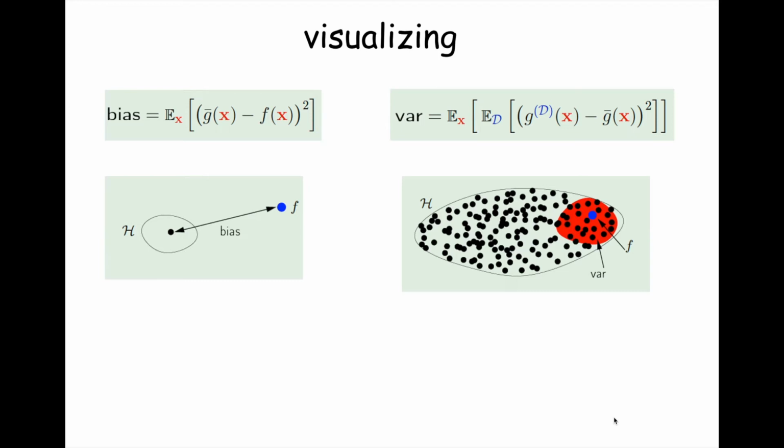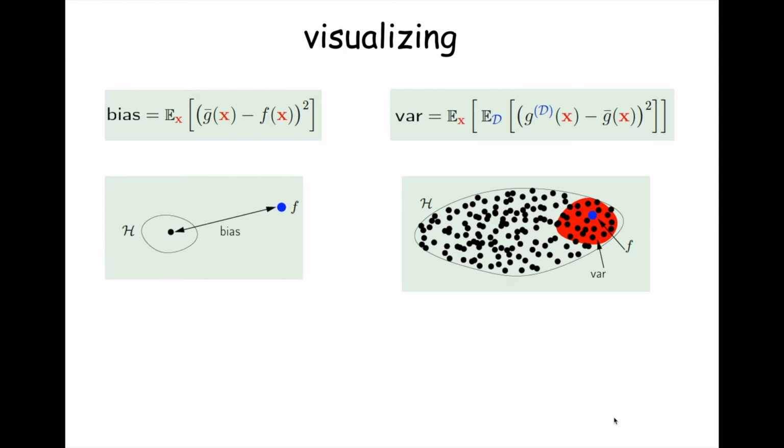But if our hypothesis set is quite large, we might have a smaller bias, and therefore the average best hypothesis G bar is closer to our ground truth target function, but it's going to vary from one instantiation of a data set and even one instantiation of an algorithm to the next.